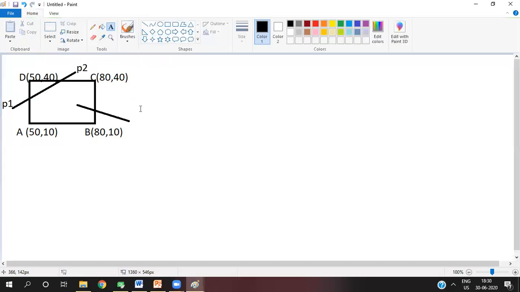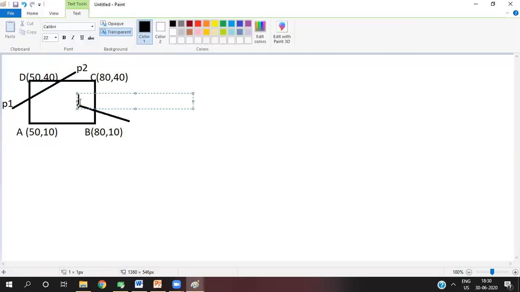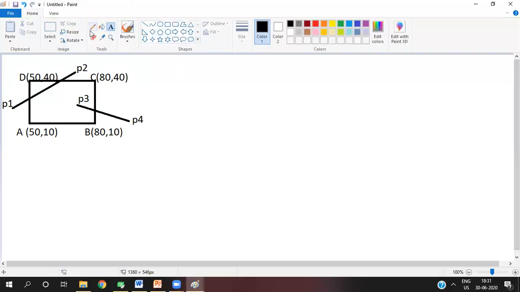Okay, P3, P4. Okay, these are the lines.